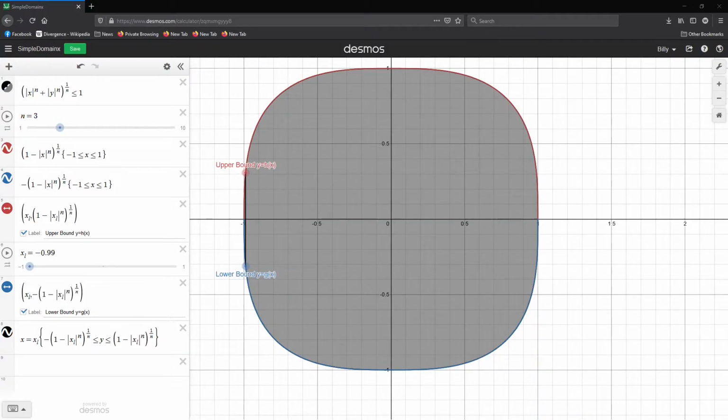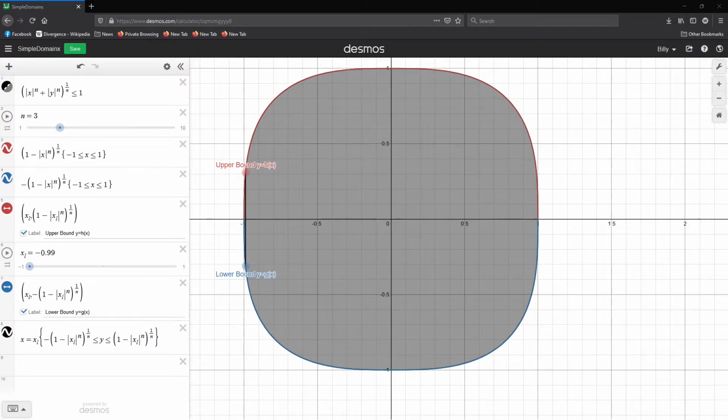So I've created a Desmos applet, and I showed this in the last lecture, but I want to show it again because it really pays to understand this. If we have a general or non-rectangular region, we said that this upper bound and the lower bound can be described by functions. This is what's called a simple region with respect to x.